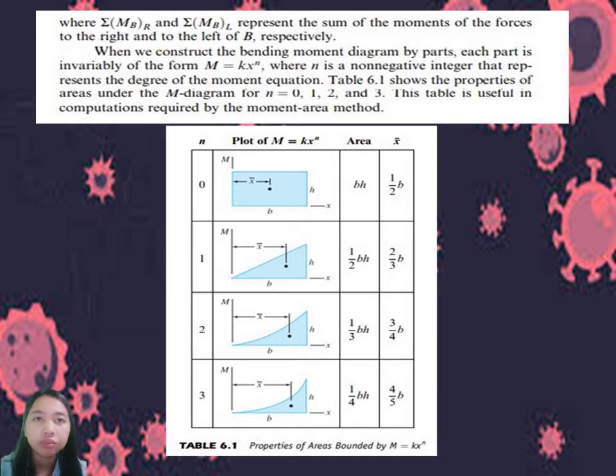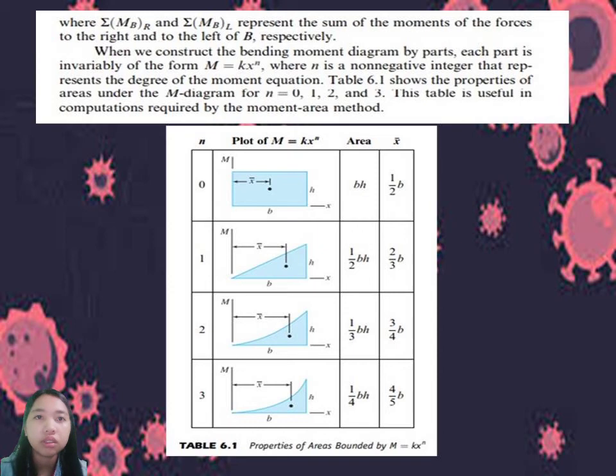So it represents the sum of the moments of the forces to the right and to the left of B, respectively. When we construct the bending moment diagram by parts, each part is invariably of the form M equals kx raised to n, where n is a non-negative integer that represents the degree of the moment equation.